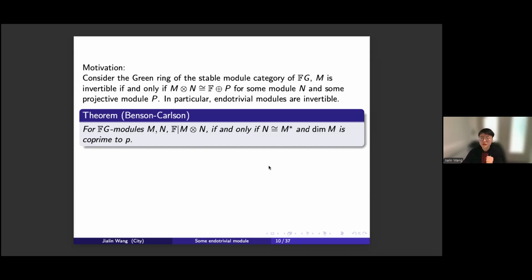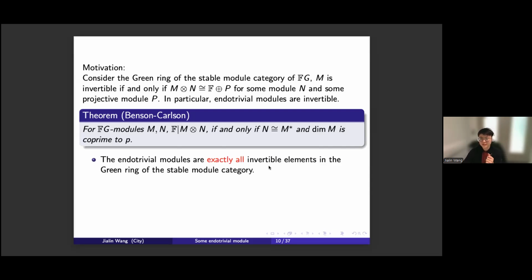So what this tells us is that if M is invertible and there exists such an N, then this N must be the dual of M, and thus M is endotrivial. So basically the set of endotrivial modules is exactly the set of invertible elements in the Green ring of the stable module category.